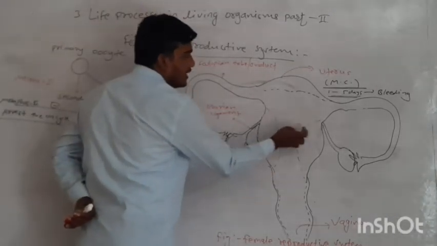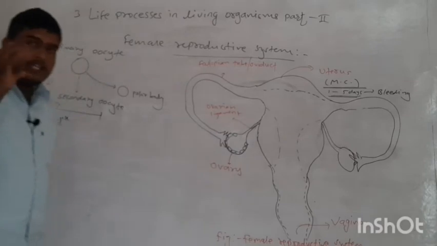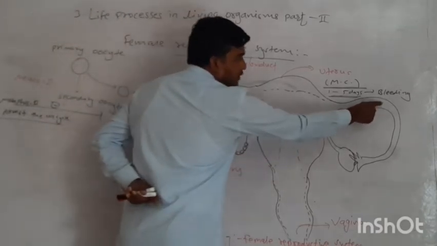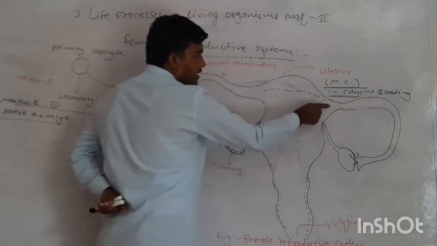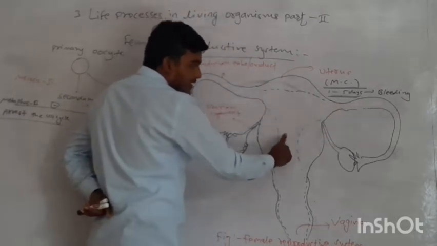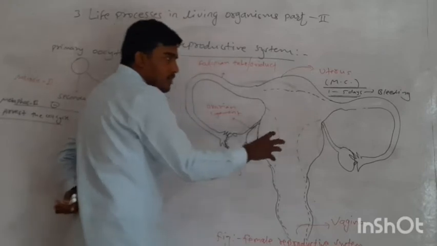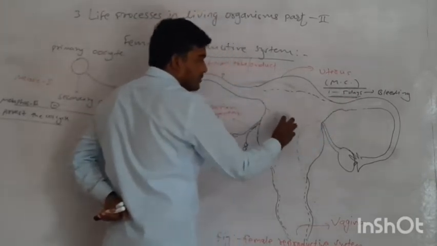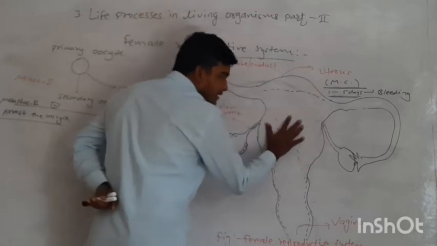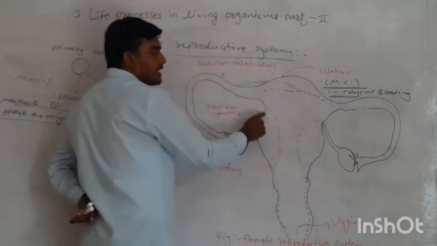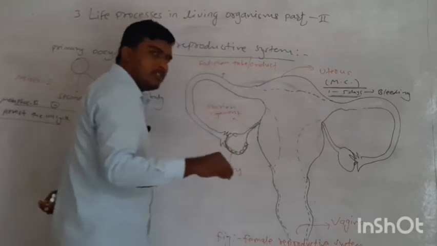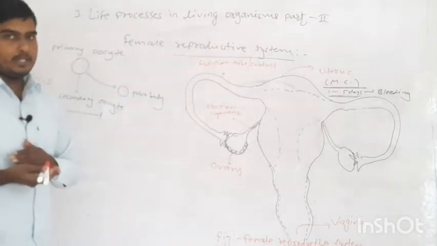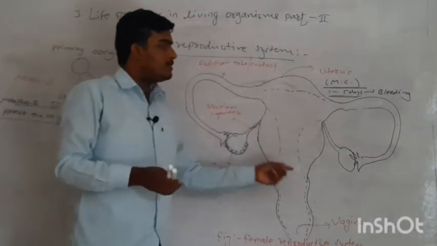This is a layer of endometrium. When this endometrium is formed and fertilization occurs, the fertilized egg comes into the uterus as an embryo, and this endometrium layer is useful for the nourishment of the growing embryo. That's why this endometrium is formed.